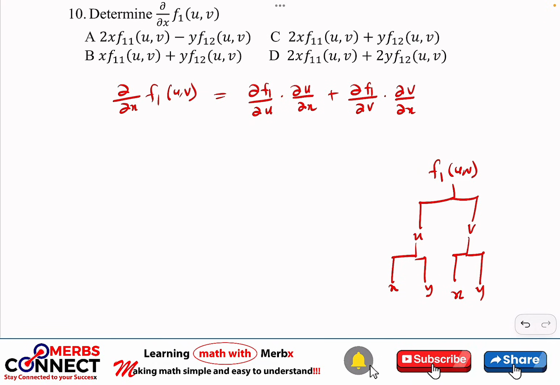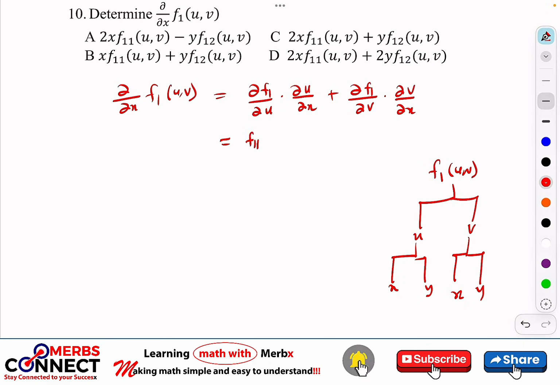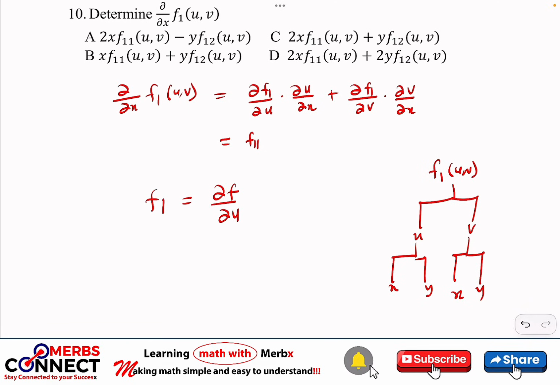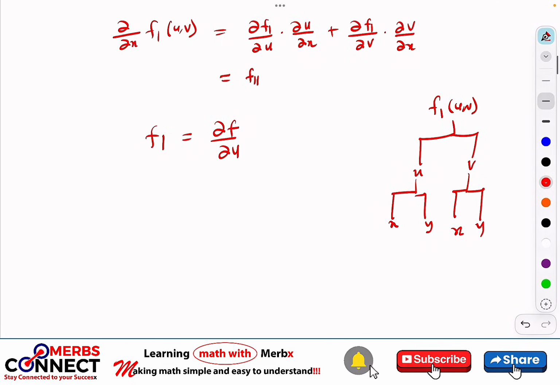Now look at what is here. Remember, I told you that u is 1. So we are differentiating this one twice with respect to u. So this is the same as f11, because don't forget, f1 is the same as partial of f with respect to u. So what I have here is the same as writing partial of u with respect to partial of u.